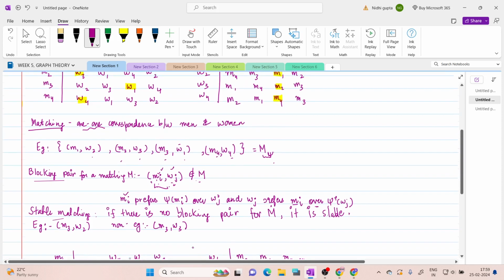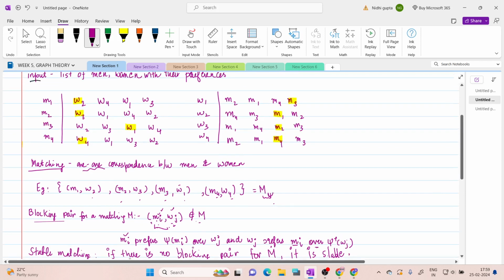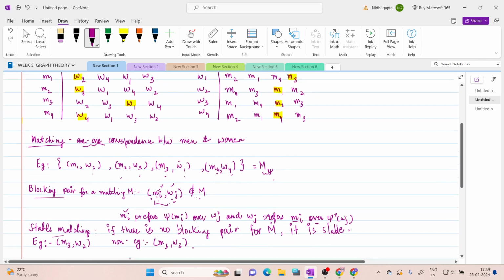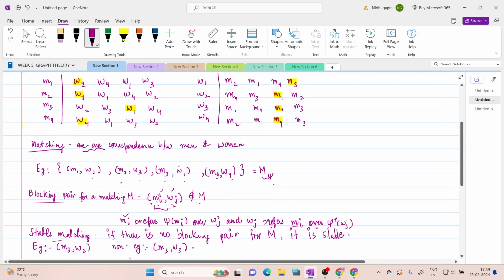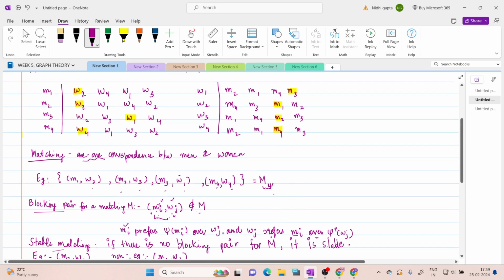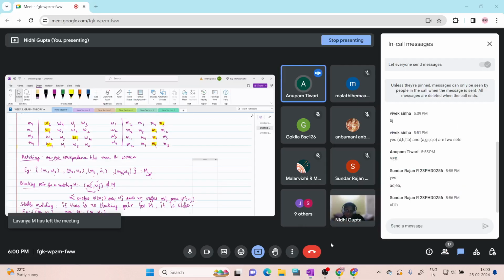Ma'am, can we say that a blocking pair is not part of a stable matching? Yes. Instead of finding out whether it is a blocking pair, it is easy to find a stable matching, then see whether the pair belongs to it or not.